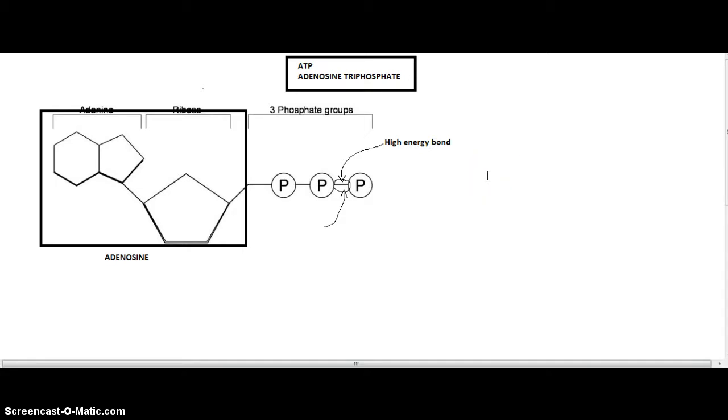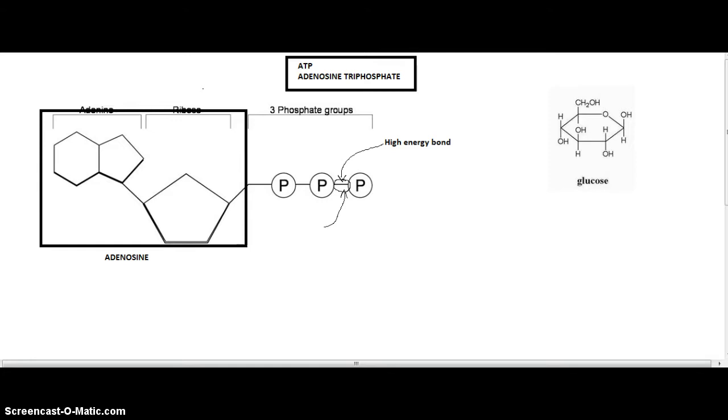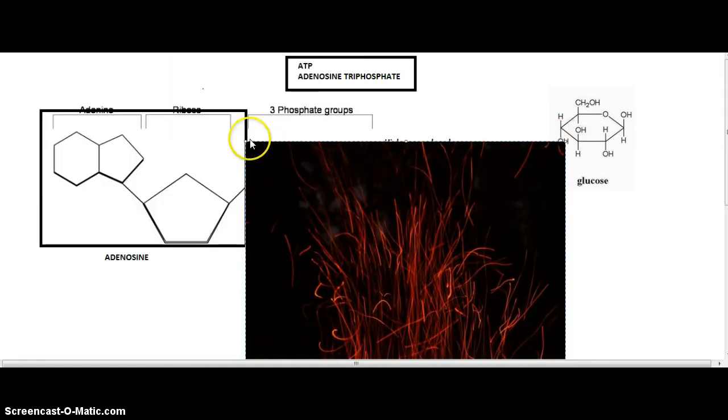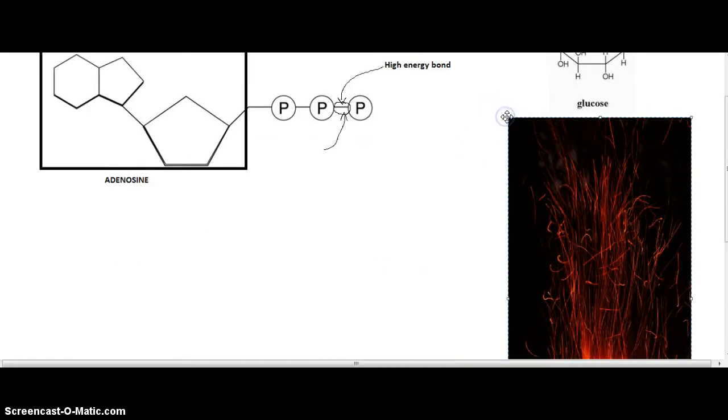Now remember that the glucose molecule contains an incredible amount of energy. I mean, think about it. Look at this molecule here. This little molecule makes up wood and makes up leaves, so when you are making marshmallows and you have a little bonfire, really what's happening is you are taking that energy of glucose and you're lighting it up, and then it explodes.